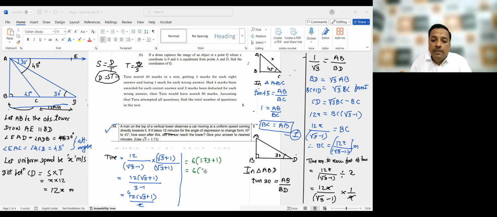Then 6. It becomes 2.73. Multiply 3. 6 3s are 18. 1 carry. 6 7s are 42 and 1 43. 4 carry. 6 2s are 12, 16. So it requires 16.38 seconds to reach at the foot of the tower. Sum solved.